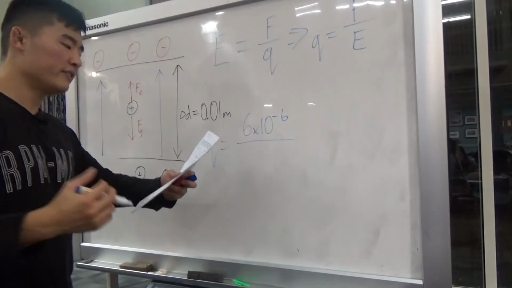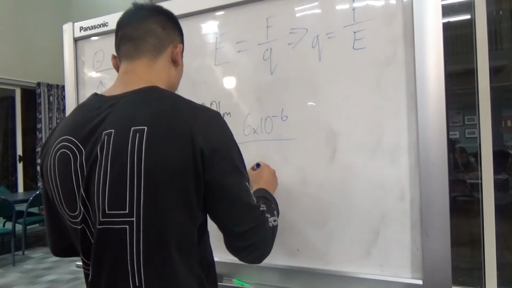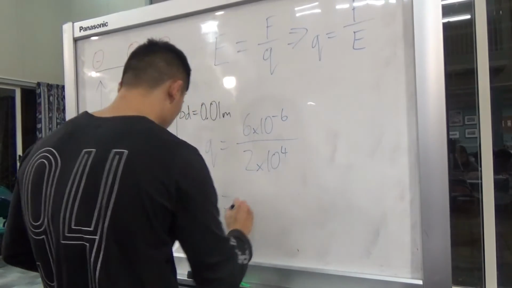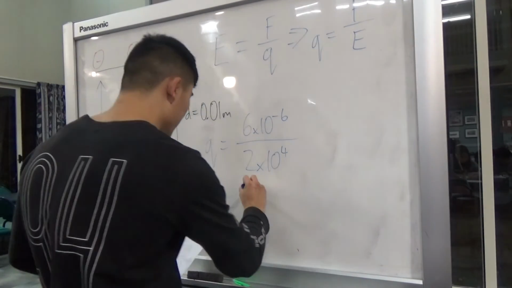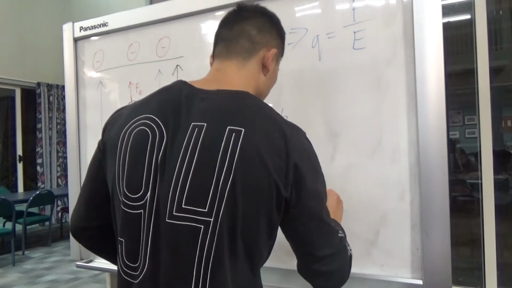Remember, that's equal to the gravitational force. And the electric field strength is 2 times 10 to the power of 4. And that will be 3 times 10 to the power of negative 10 coulombs.